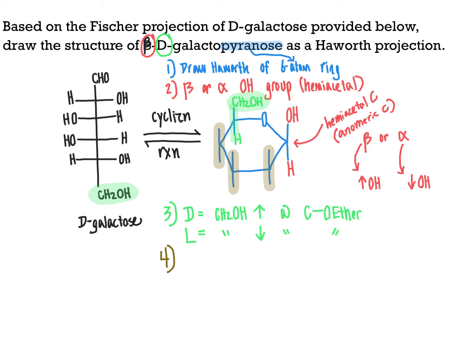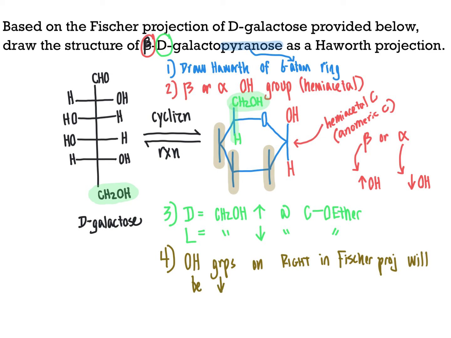How do we determine who goes where there? Well, OH groups that are on the right in the open chain form, in the Fischer projection, in other words, the structure on the left, OH groups that are on the right-hand side of our Fischer projection, that is the OH groups over here, will, in the Haworth projection, go below the ring.